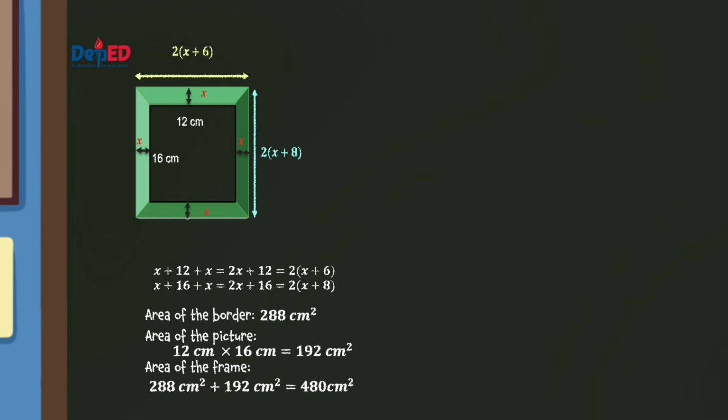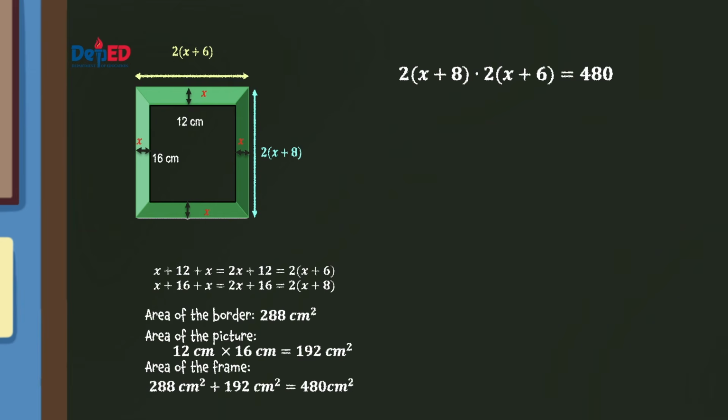Since the length of the frame is given by the binomial x plus 8 times 2, while the width is expressed as 2 times the binomial x plus 6, this means that 2 times the binomial x plus 8 times 2 times the binomial x plus 6 is equal to 480.